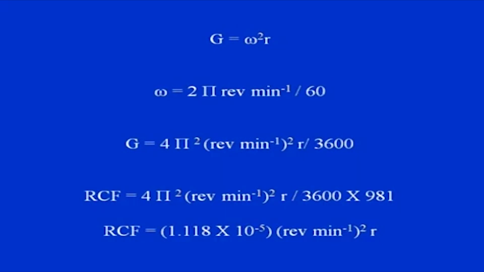If you express it in terms of multiples of gravitational force, it can be written with r, the radial distance, also included: revolutions per minute into 981, where 981 is the gravitational acceleration, 981 centimeter per second square.